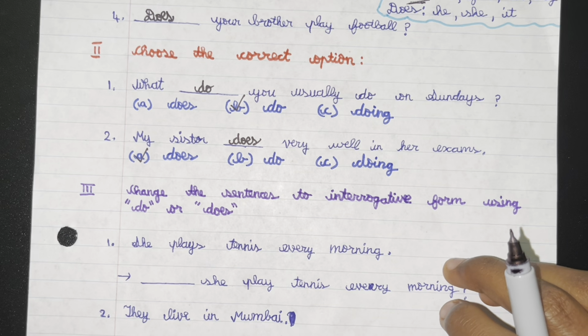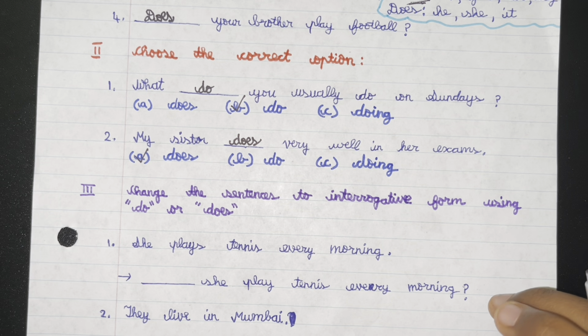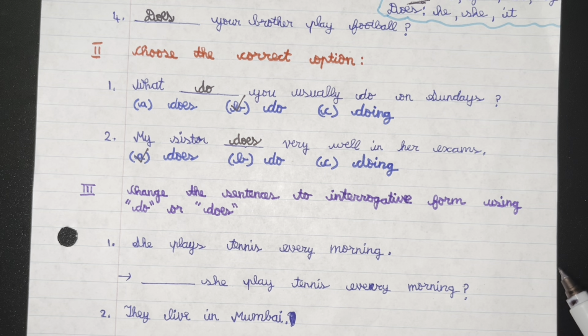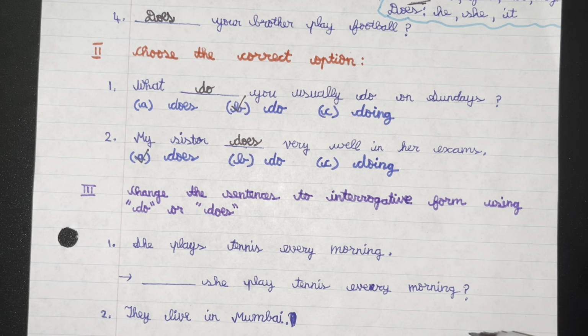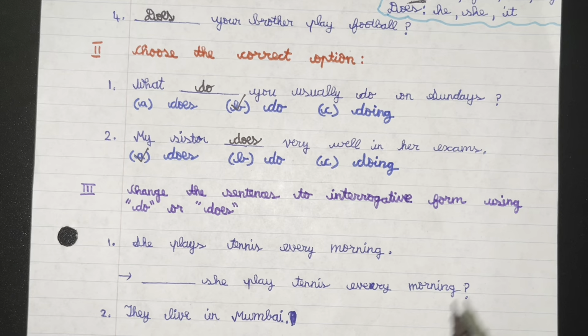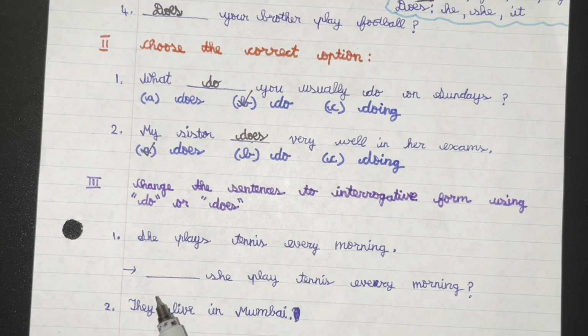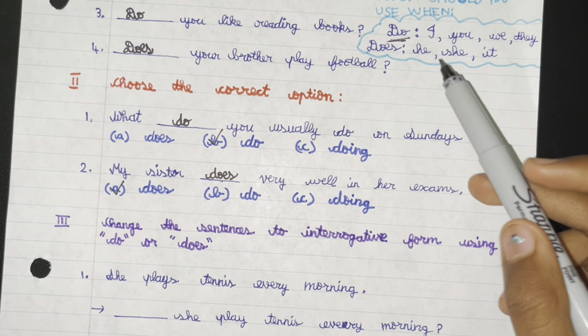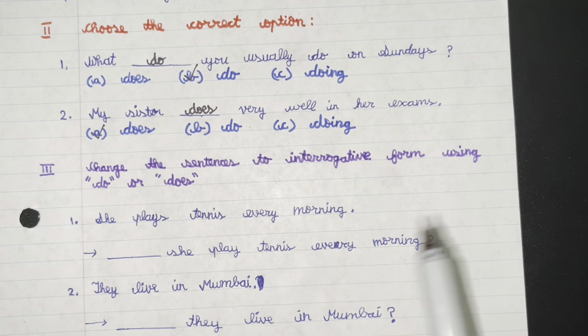Third subdivision. Change the sentences to interrogative form using do or does. First question, she plays tennis every morning. Dash, she plays tennis every morning. So you should change the sentence to interrogative form using do or does. She. So remember what we saw here? If there's she in the sentence, you should use does.